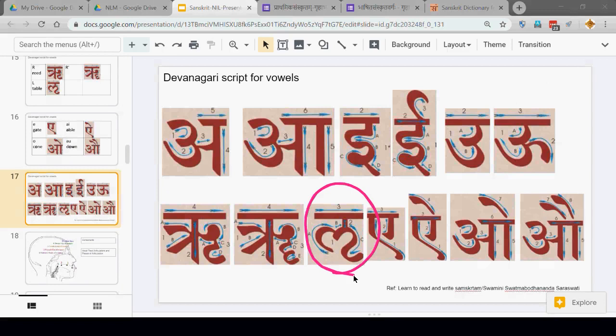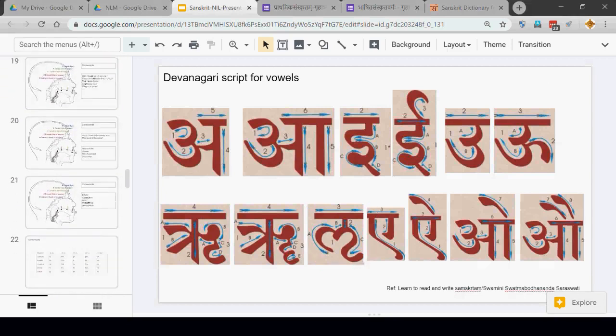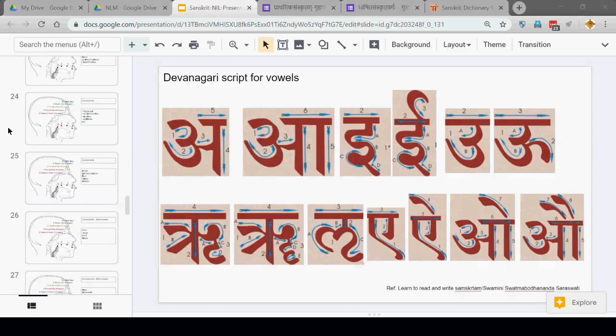Even though it is a vowel, that kind of pronunciation is incorrect. It should not be pronounced with an r sound when it is a vowel. Only when it is a compound consonant does the sound of r come there. Otherwise, if it is just a pure vowel, there is no r sound, just an l without touch.